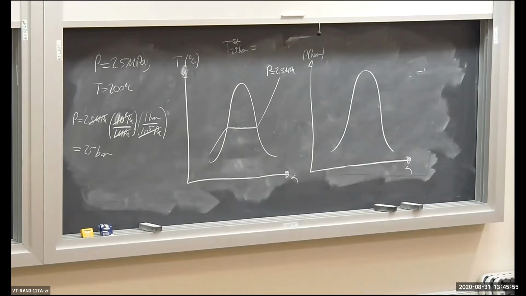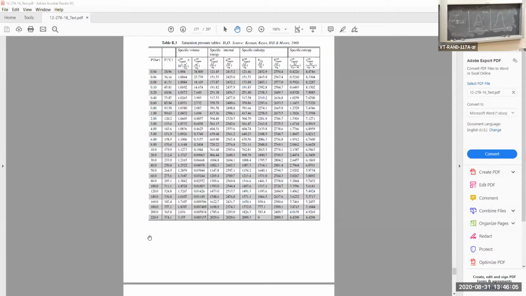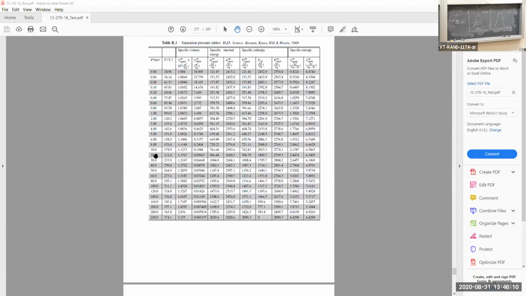Okay, saturation temperature tables, saturation pressure tables. 25 bar. I actually don't have it. I have 20 and 30. So I am simply going to take the average of these two. Let's do the simplest interpolation we can do, right smack in the middle of the two.